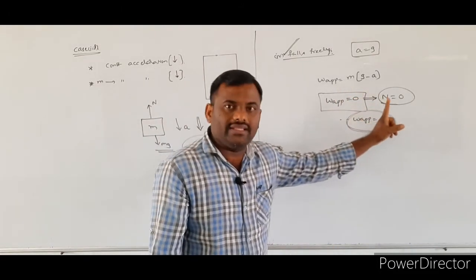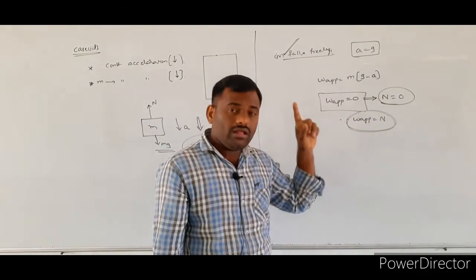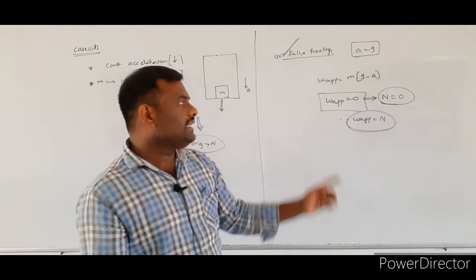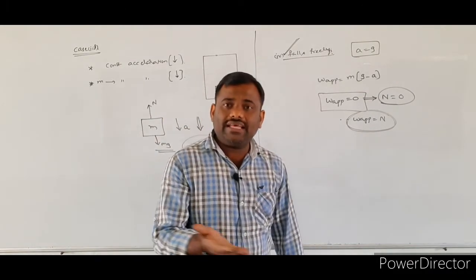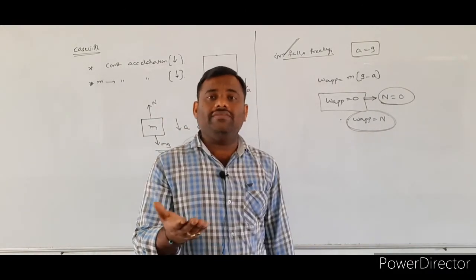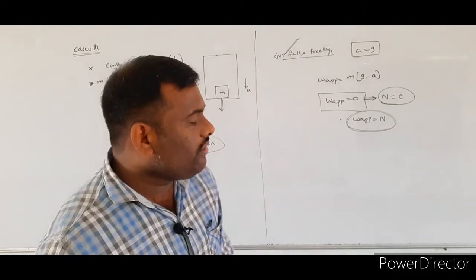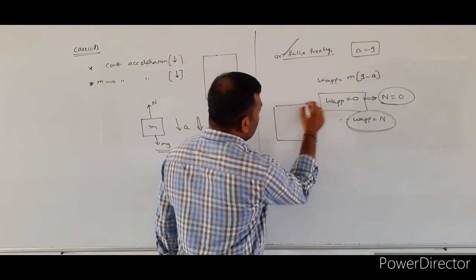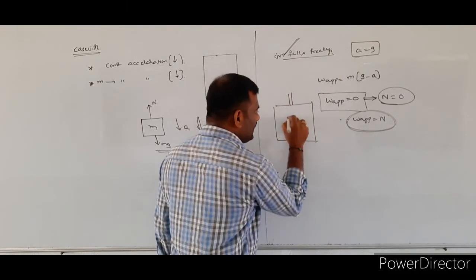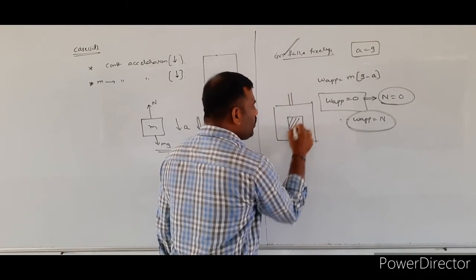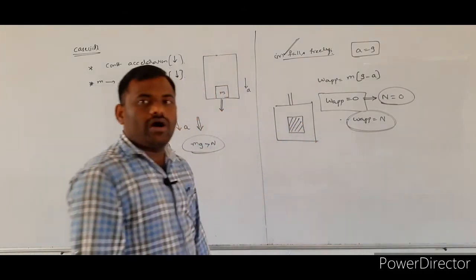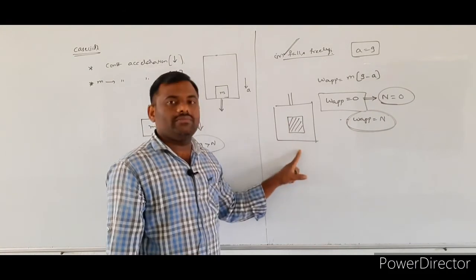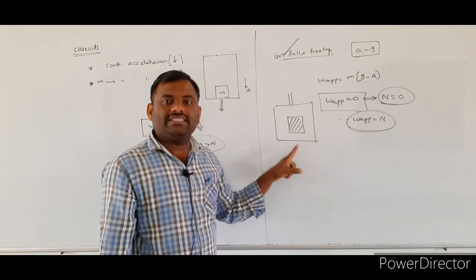Normal reaction value equal to 0 means the block will be leaving the contact of the elevator surface. There is no contact between the block and the surface of the elevator.